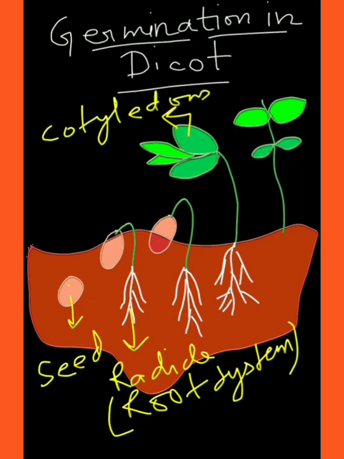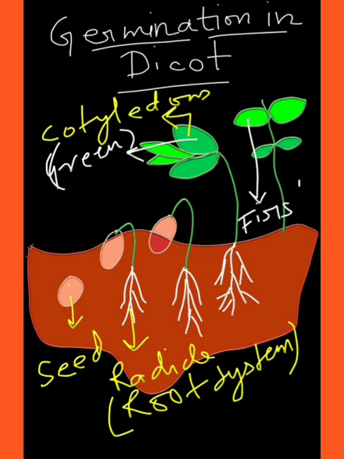These cotyledons become green in color and dry off after the appearance of the first leaf. So these are the first leaves, and this cotyledon gets dried off.